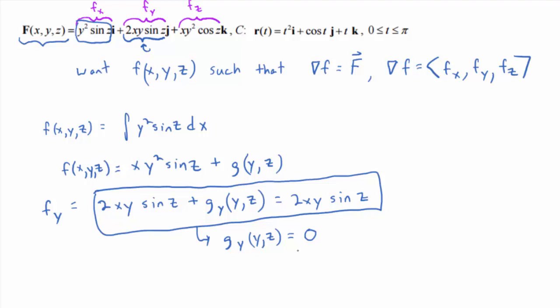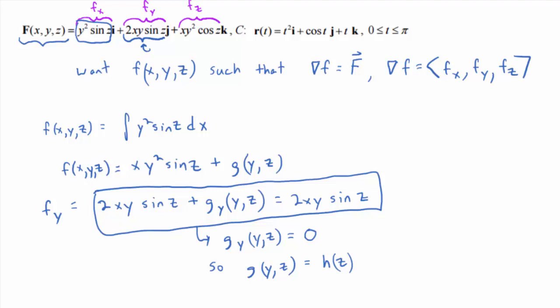So all that means is g does not involve y, right? It could still involve z, couldn't it? Because with respect to y, z is a constant. So g of y, z can be thought of as a function h of z. Because if its derivative with respect to y is 0, then there is no y in g.